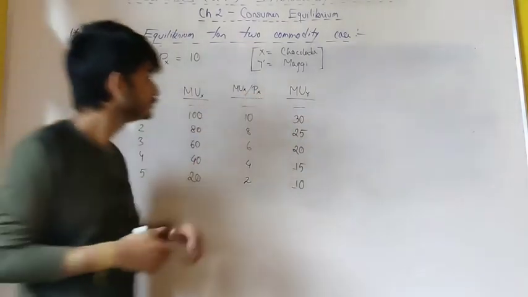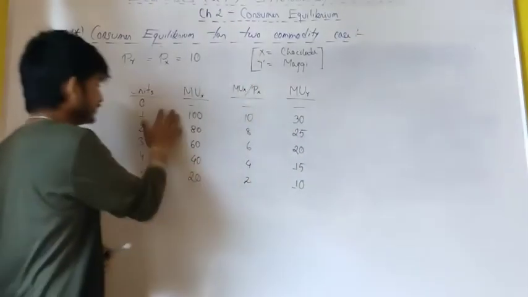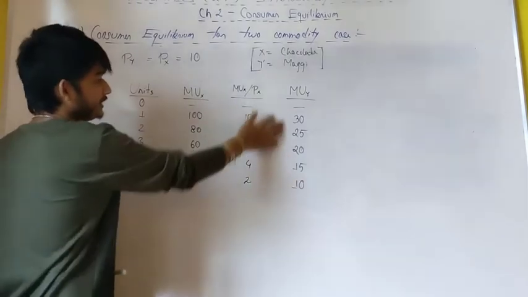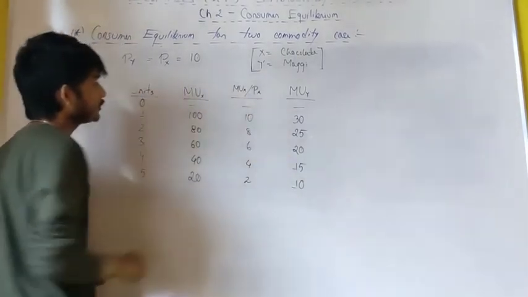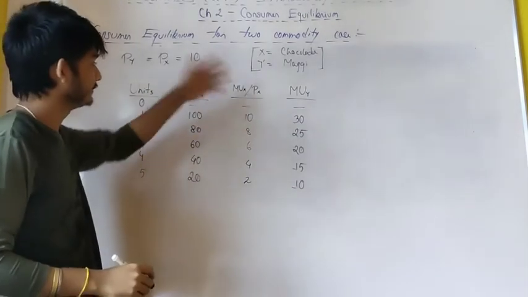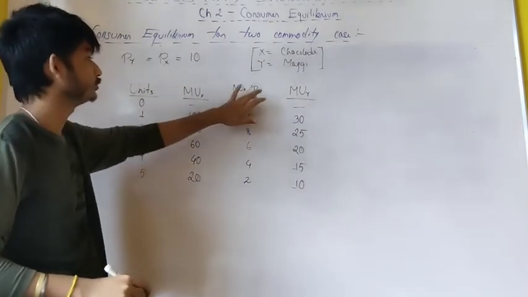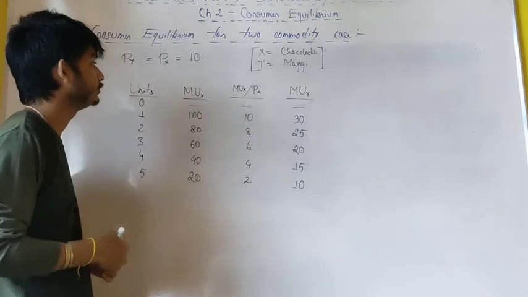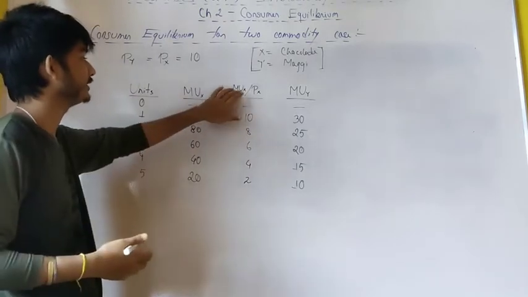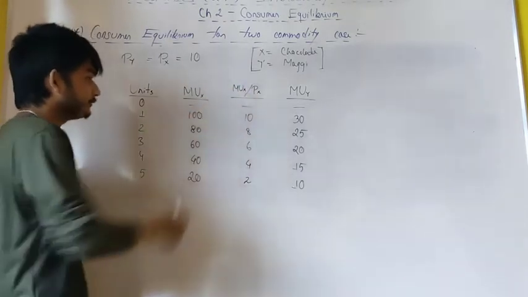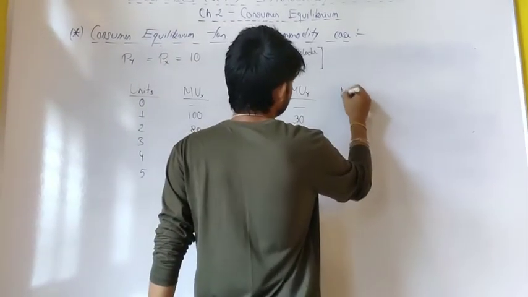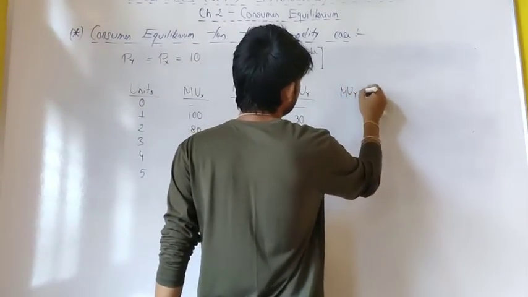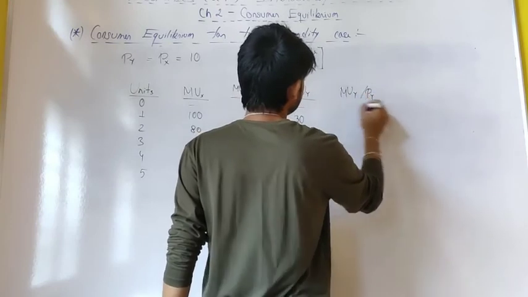So now these are the marginal utilities of good X and good Y, and here we have converted the marginal utility to the price of good X. We have found out the ratio of marginal utility of good X to the price of good X. Now let us find the ratio of marginal utility of good Y to the price of good Y.